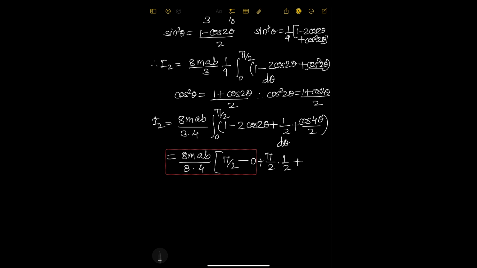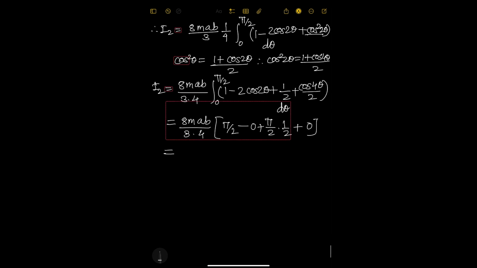Again this term goes to 0. So what we have here is 8mab by 3 into 4, and pi by 2 plus pi by 4.